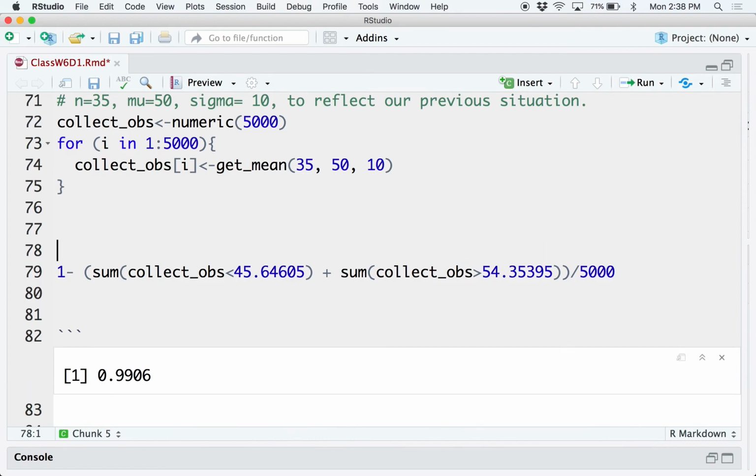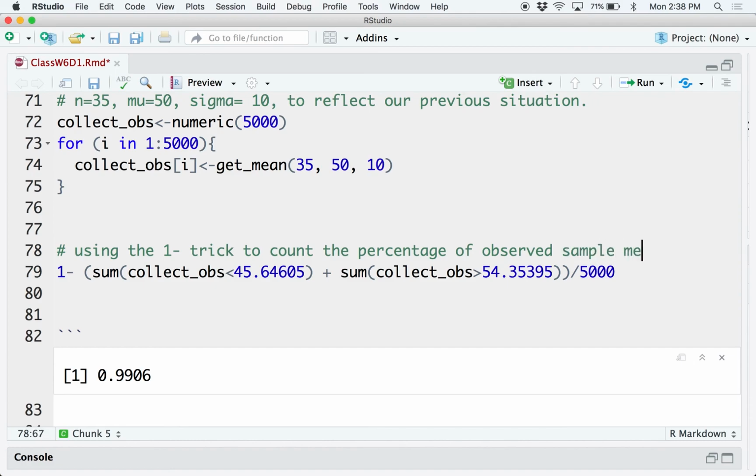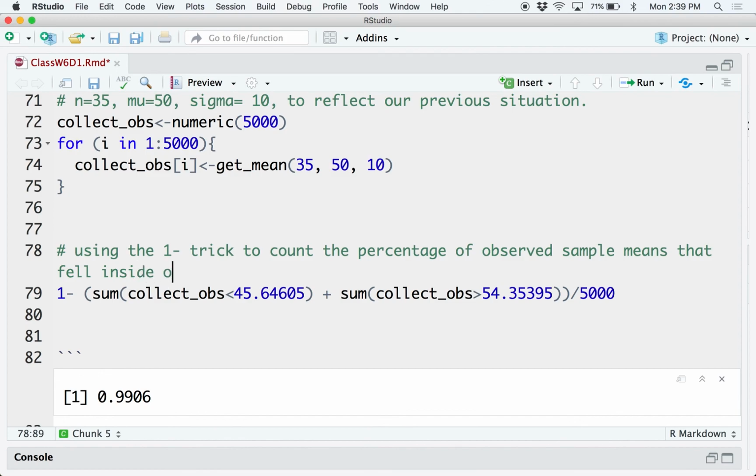So we're using the 1 minus trick here to count the percentage of observed sample means that fell inside our 99% region computed in part A.